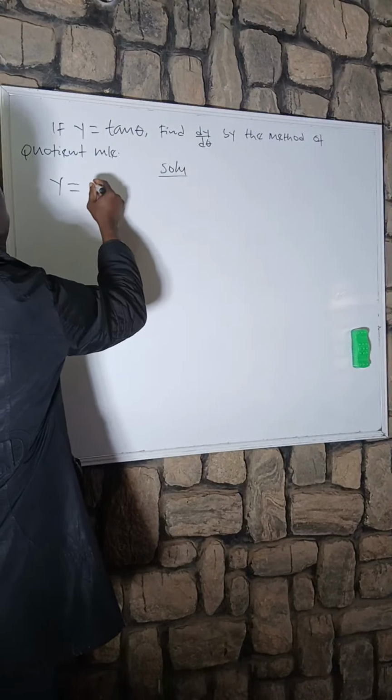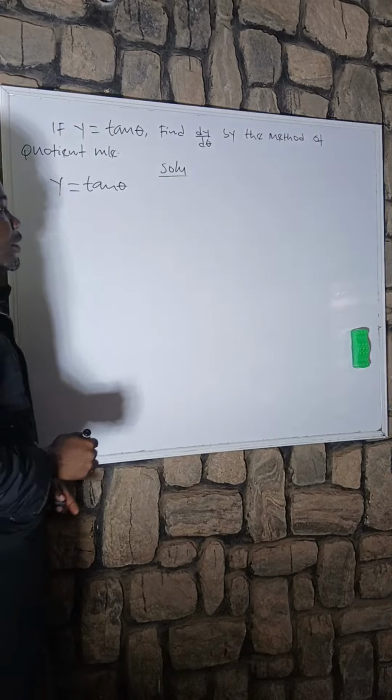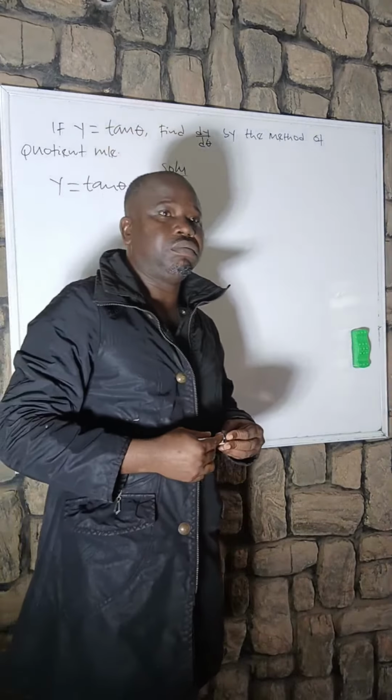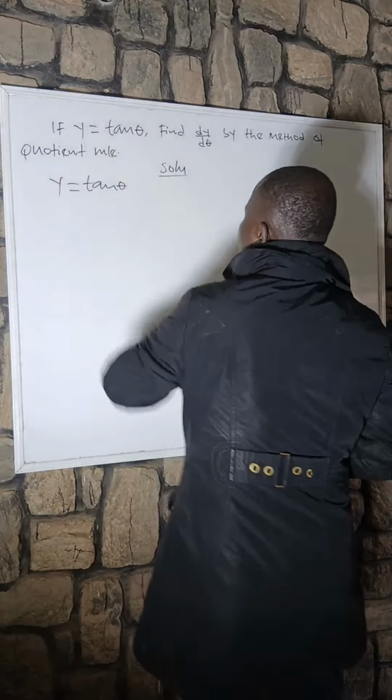Our y, the function, was given as tan theta. The same, we should use by the method of quotient rule.